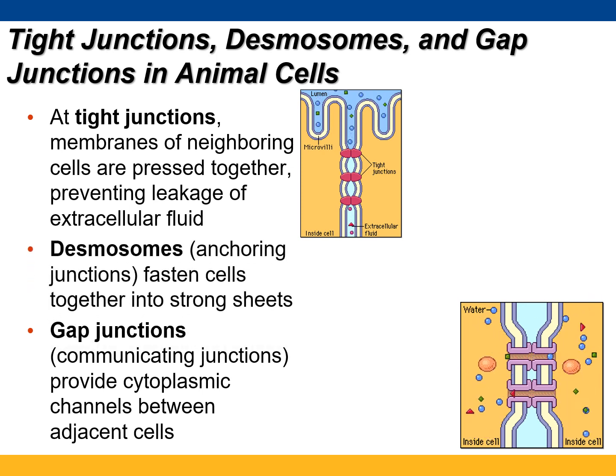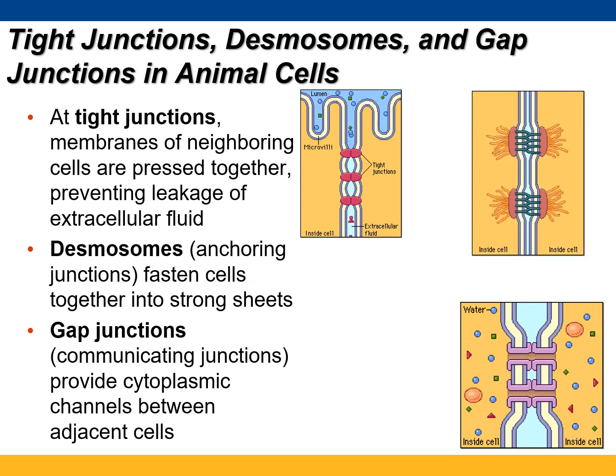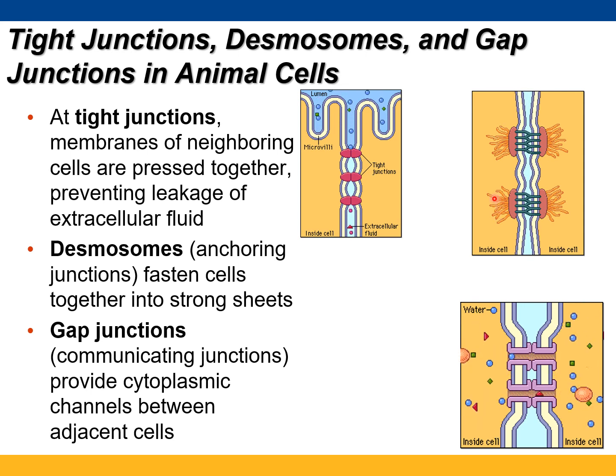And then lastly, desmosomes. These ones are really just anchoring junctions. There are also adherens junctions that are kind of in the desmosome category. They have these protein anchors, and they really are designed to facilitate strength of the sheet type epithelial tissue or connective tissue.